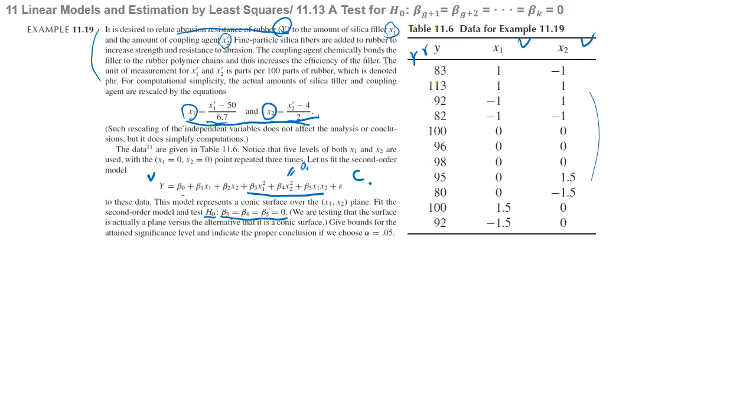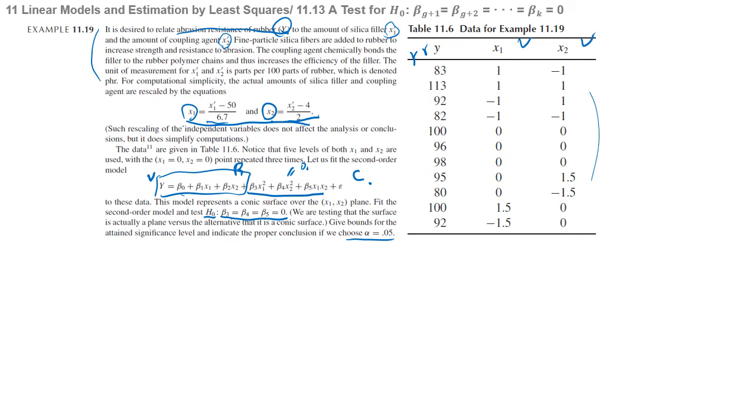So the reduced model would be this one. Give bounds for the attained significance level and indicate the proper conclusion if we choose alpha equals 0.05.